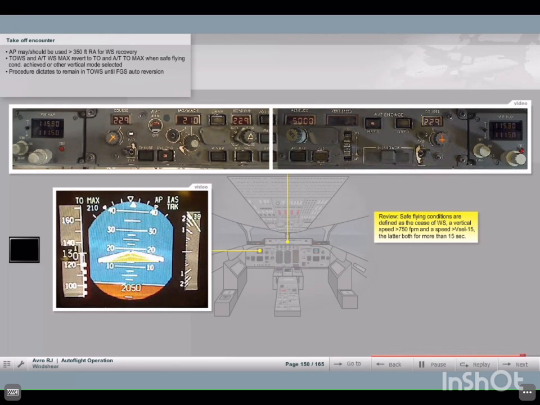However, the procedure dictates to follow FGS recovery guidance until the system exits TOWS.